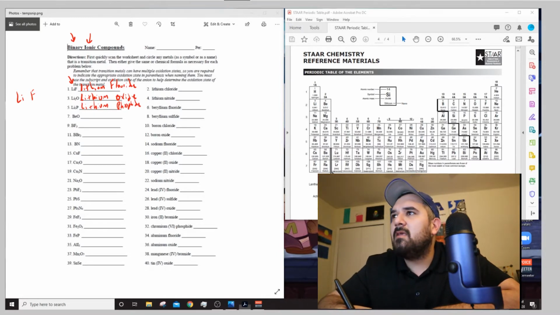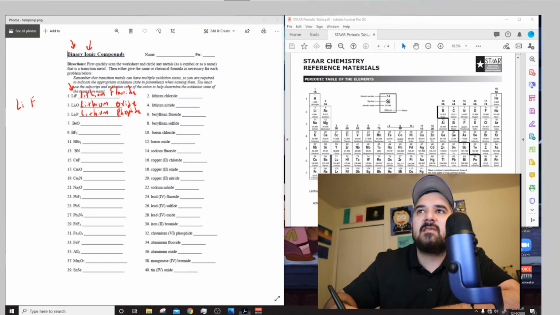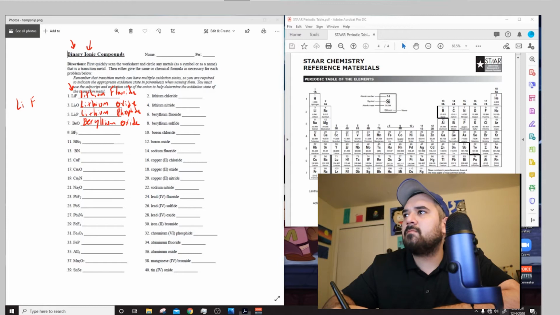And then BeO, so that's going to be beryllium oxide. Next one is going to be boron fluoride.